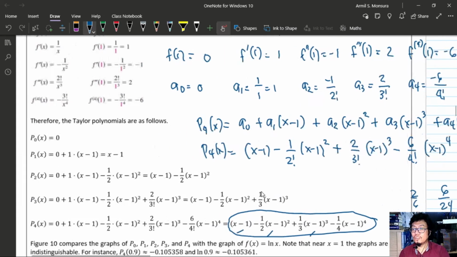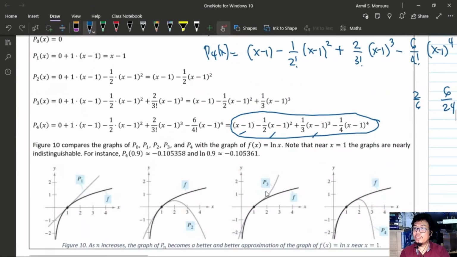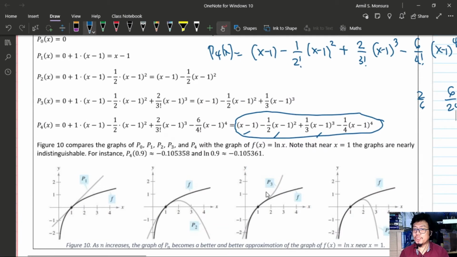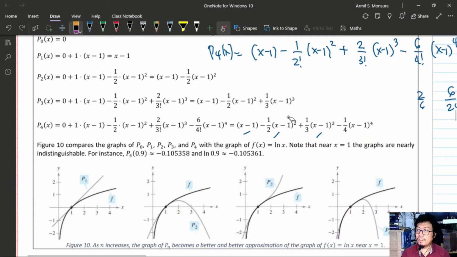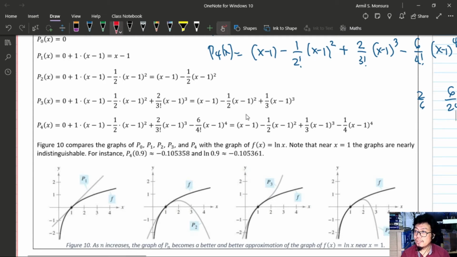So you can actually compare the graphs of just P1, P2, P3, P4. Take note, this is how it evolves. You don't have P0 because P0 turns out to be 0. But this is your P1, just x minus 1. Your P2 is this.